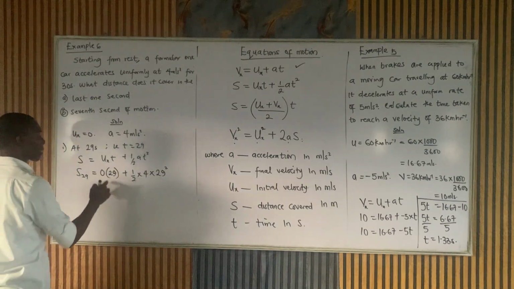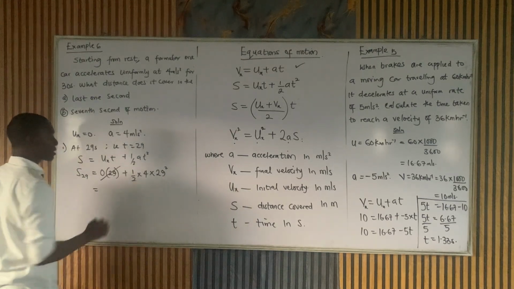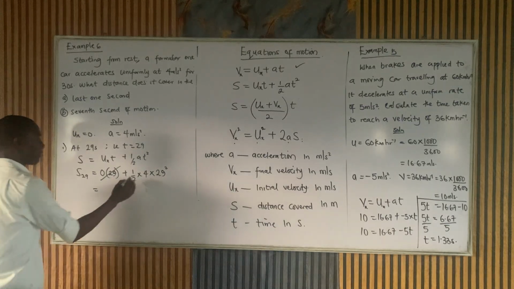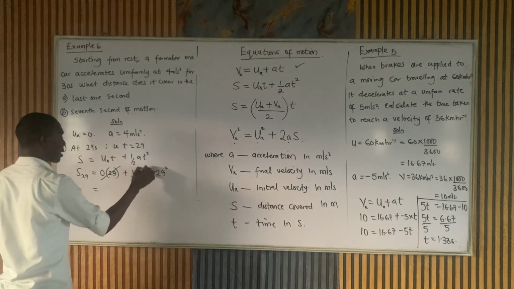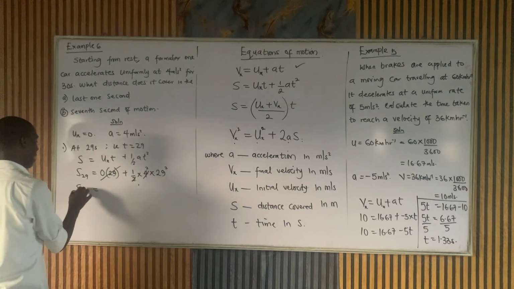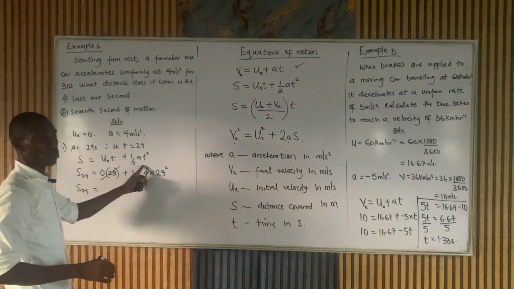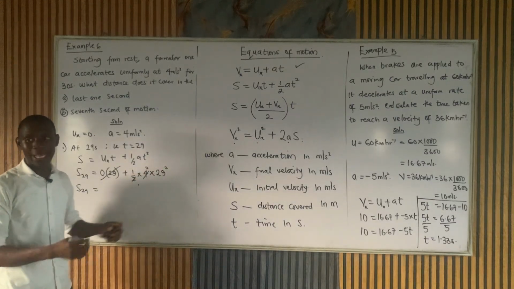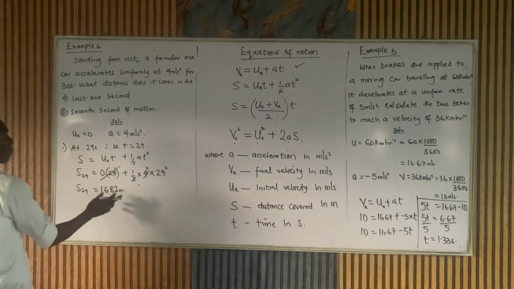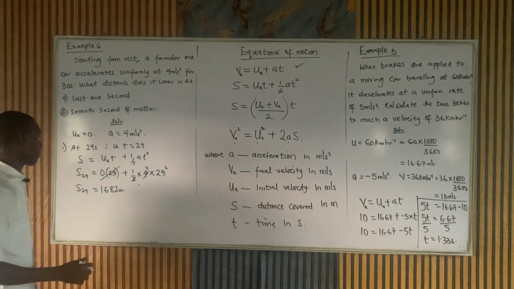So this will give us 0 times 29, which is 0. And so we would have 2 here, 1, 2 here, 2. So S at 29 will simply be 2 multiplied by 29 squared, 1682 meters.